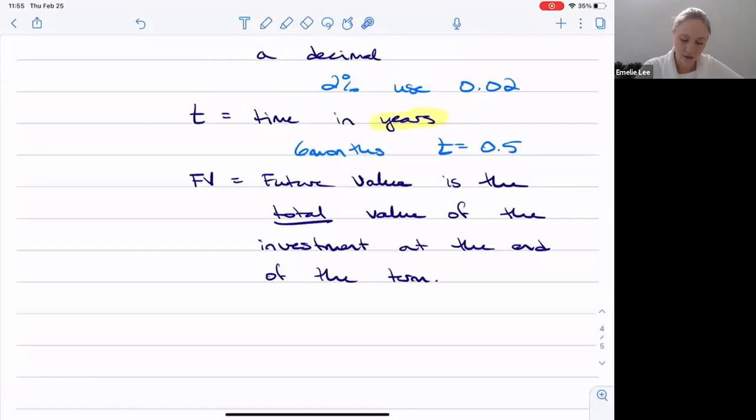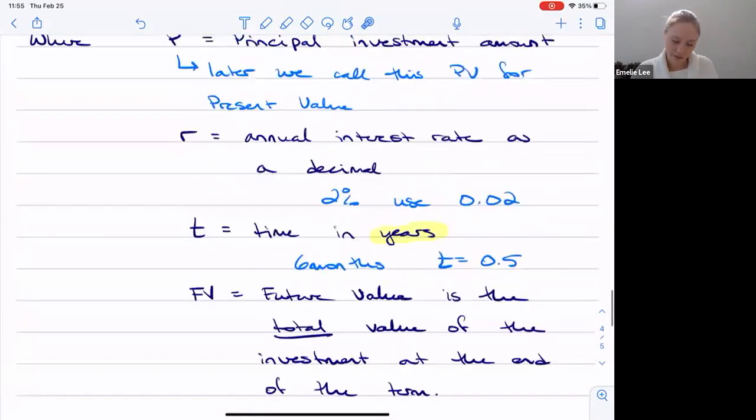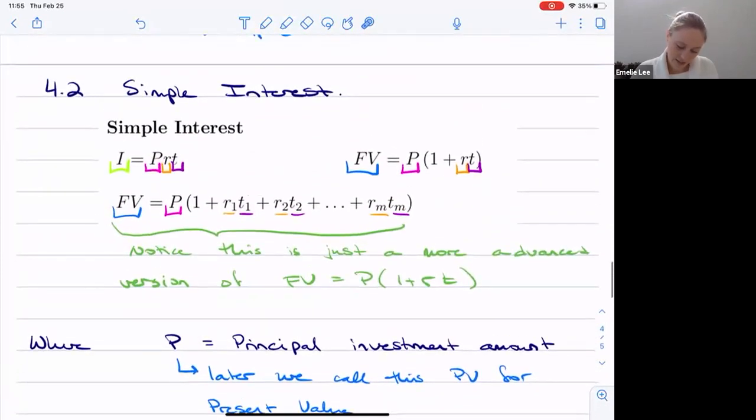And by the end of the term, I mean at the end of the T, the time in years. So however long, I'm going to invest this thing for 6 months, then at the end of 6 months.